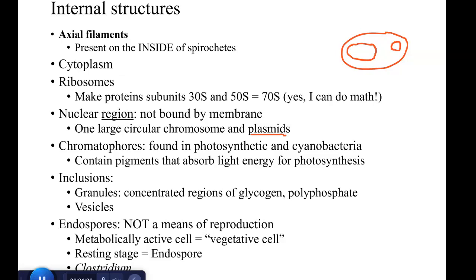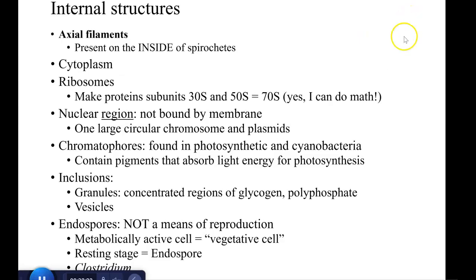Some of them do, and it can offer some useful genes for them, for example, antibiotic resistant genes. Some would have chromatophores. We would find these in photosynthetic or cyanobacteria. That means that they would have pigments that absorb light energy so that they could actually make their own food.